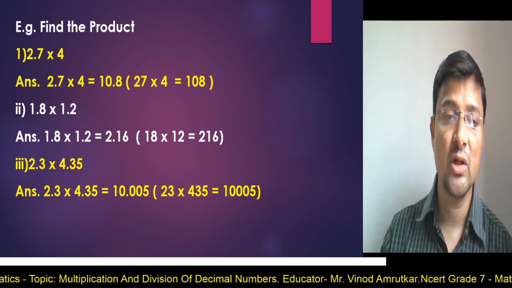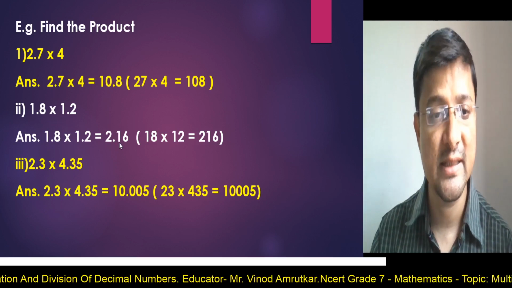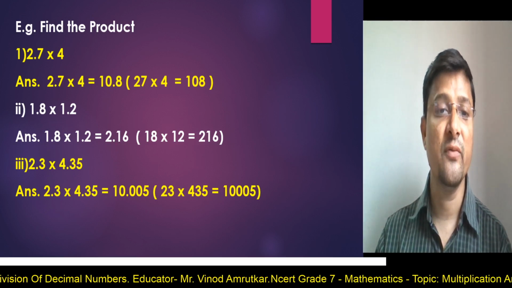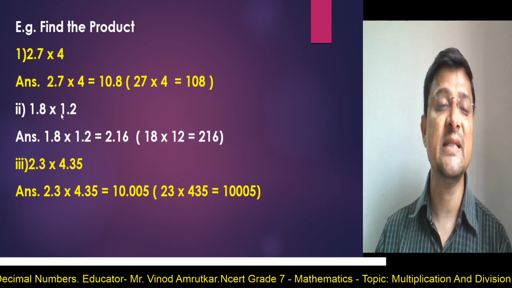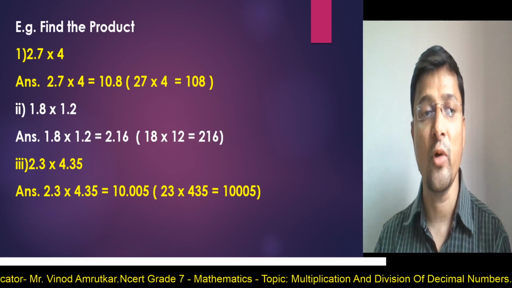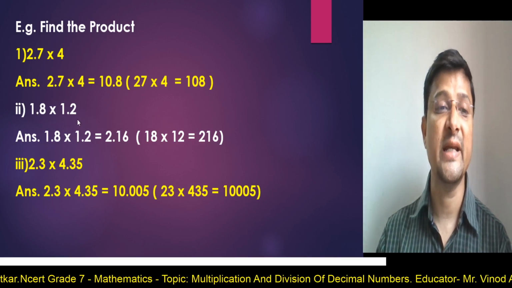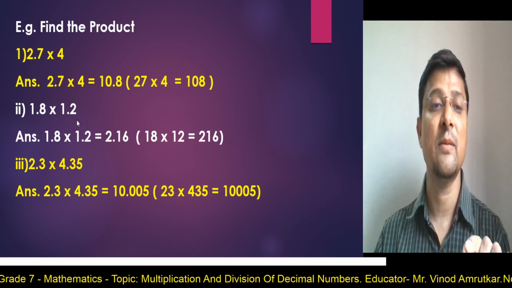So the answer is what? 2.16. See this answer. The answer is 2.16. So students, first we multiplied these decimals as whole numbers and then we put the decimal point in the product by checking the number of digits occurring just before the decimal point.